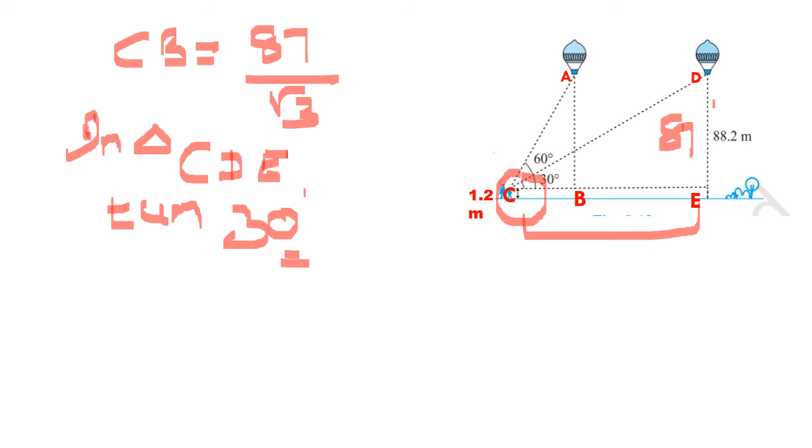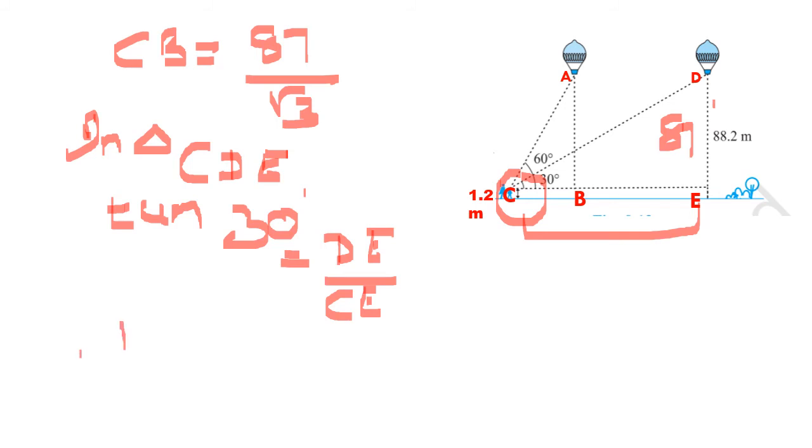Now, tan 30 degrees equals what is the height? It is DE. And which distance we need to find? CE. And what is tan 30 degree?